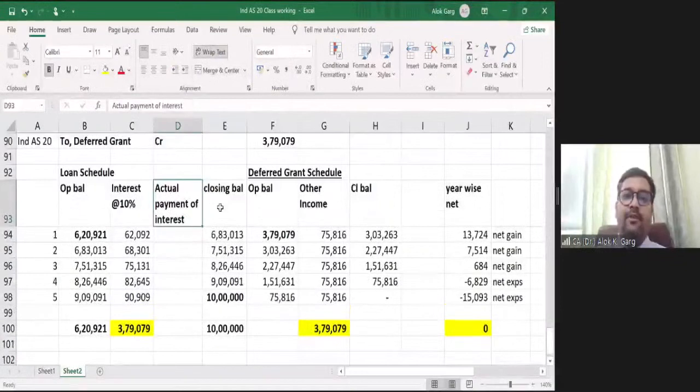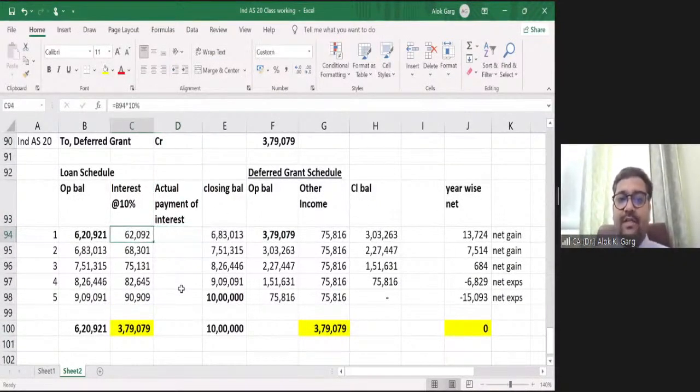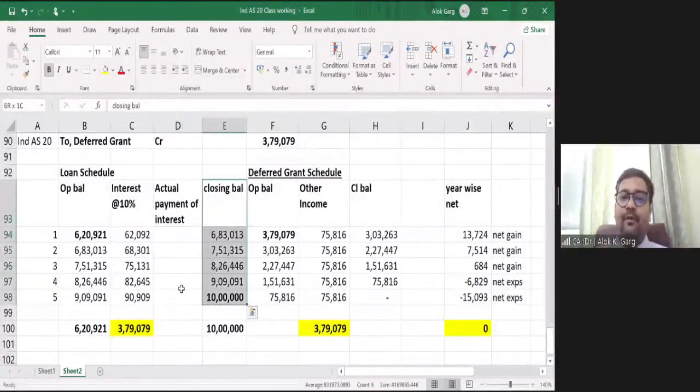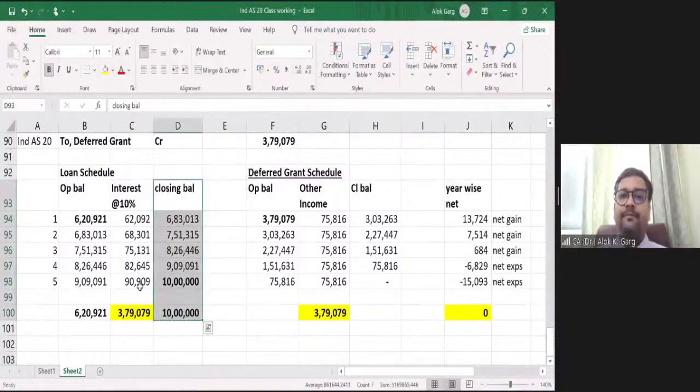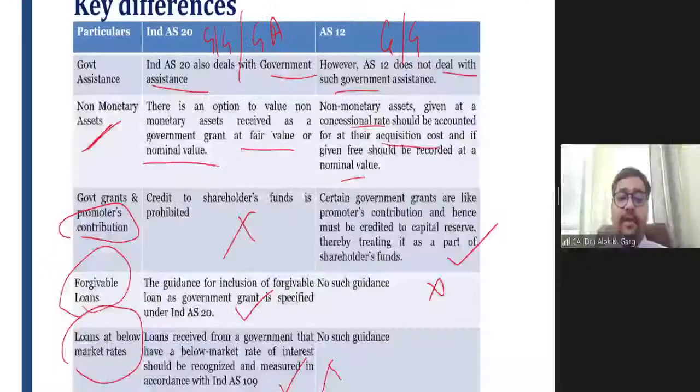And when you show the actual payment of interest at the rate of 5%, of course this 62 minus actual interest, so this closing balance will go down a little, and of course this interest will also go down. Okay, clear, guys? I hope you have understood this. Any query? Shall I move forward?